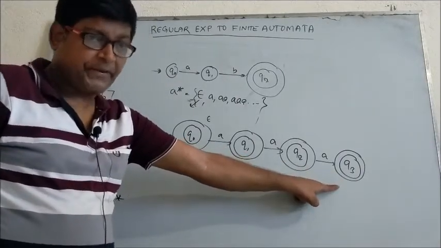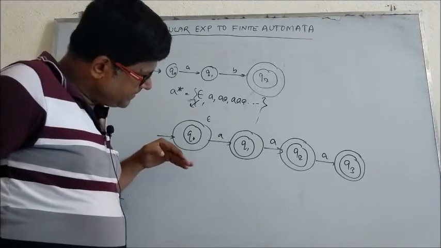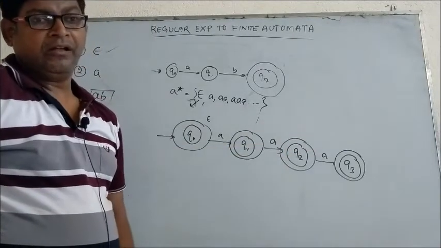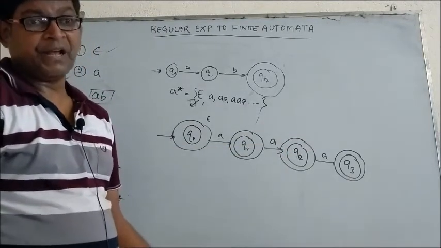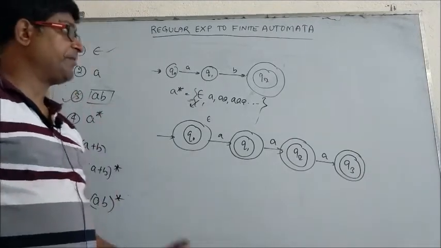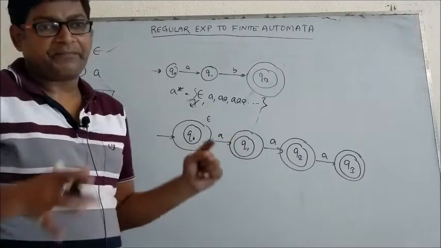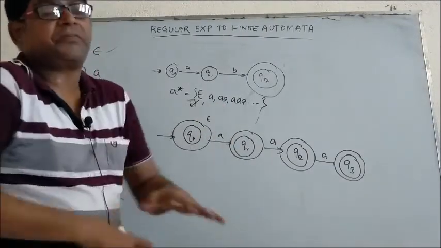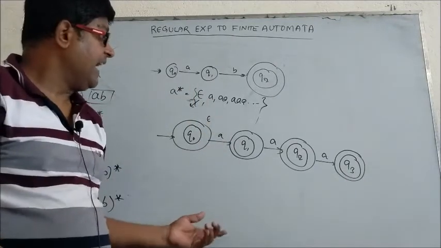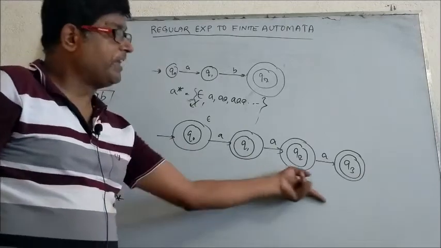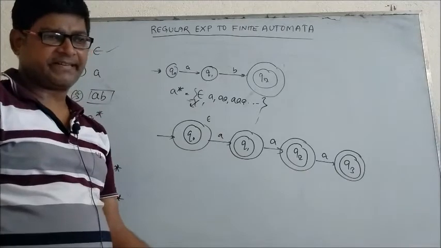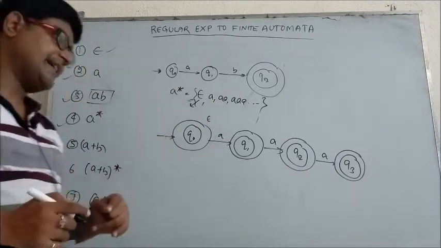Because if we design such a finite automata, we will surely go to an infinite number of states, which should not be there, because in finite automata we should have a finite number of states to represent any regular language. So can we do something such that, instead of going for infinite states, we take finite states and represent all the strings? Yes, it is possible.